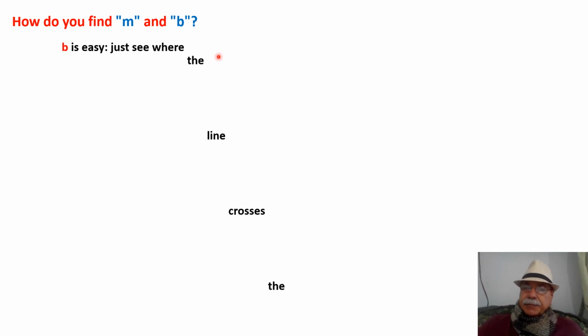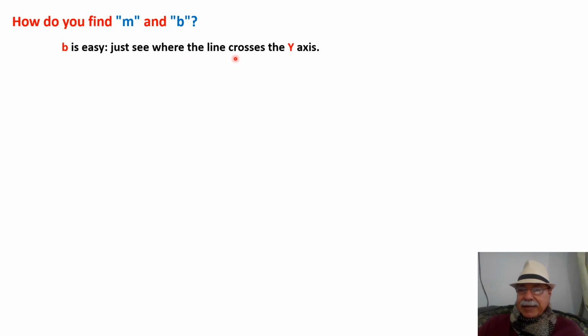How do you find m and b? How can I find m and b? It is easy, just see where the line crosses the y-axis. b is very easy to find when I see at which point the line crosses the y-axis.